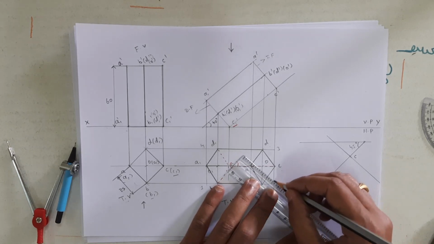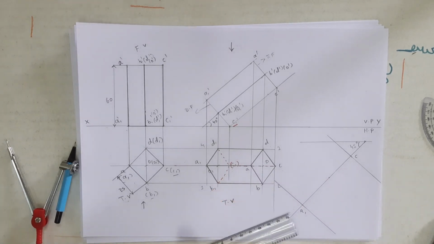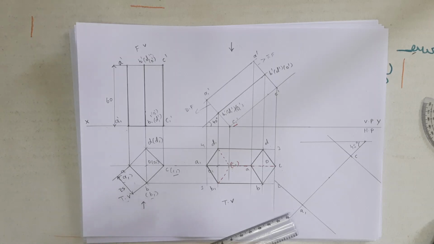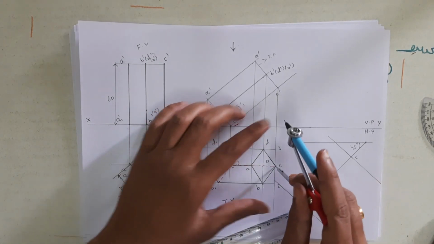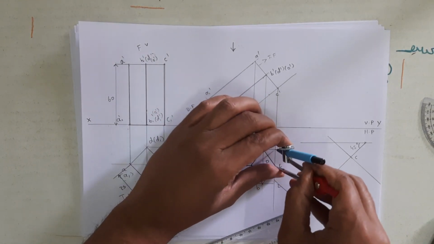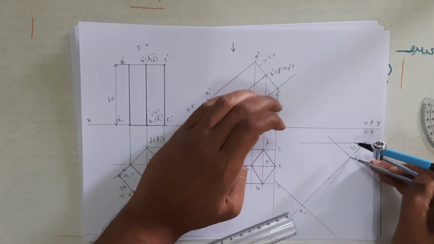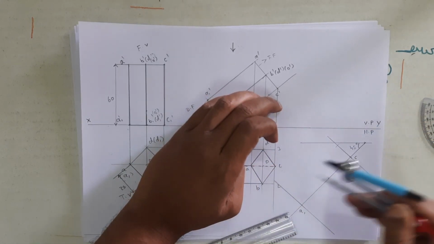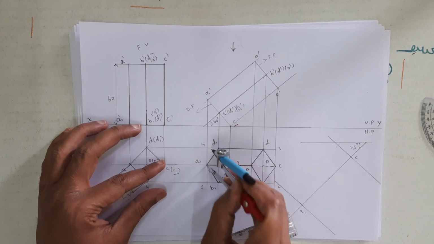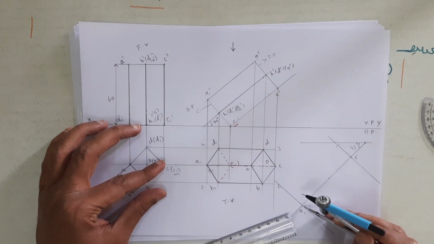First I need to draw the reference box. Next take the measurement from C to 3. It will be the same from A1 to 4.